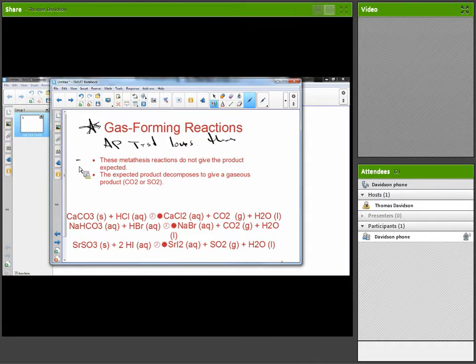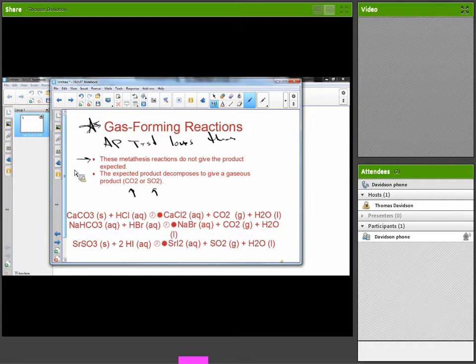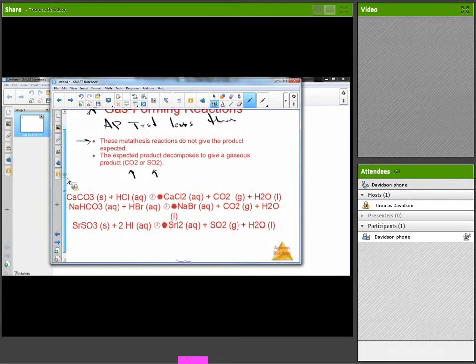These metathesis, or as I call them, double replacement reactions, do not give the product expected. The expected product decomposes to give the gaseous product of carbon dioxide or sulfur dioxide. There are not very many of these, so it's not super hard.